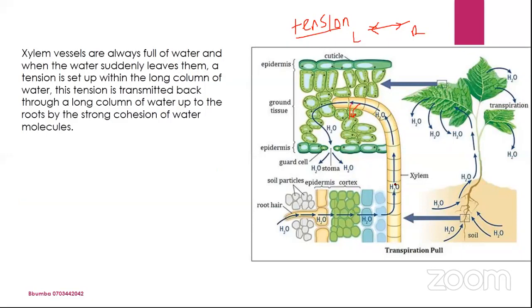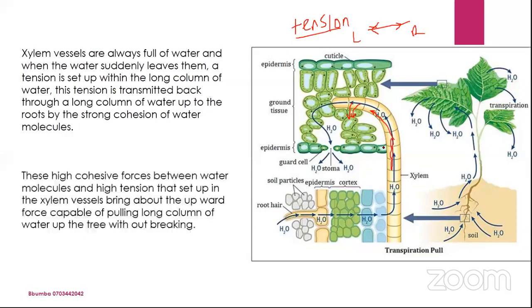Now, the tension is transmitted up to the roots by the strong cohesion forces. Those are the forces that are in between xylem. And then those high cohesive forces between water molecules and high tension set up in the xylem vessels bring about the upward movement of the water in a tall tree.